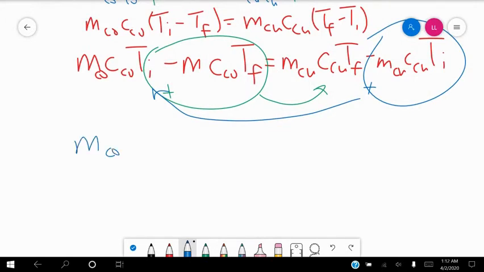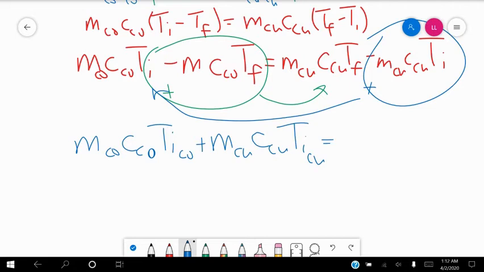So we've got the mass of the coffee times the specific heat of the coffee times the initial temperature of the coffee, plus the mass of the cup times the specific heat of the cup times the initial temperature of the cup. Now I'm going to combine some stuff here. So TF, if I pull it out, because that's ultimately what we're looking for. I'm running out of space over here.